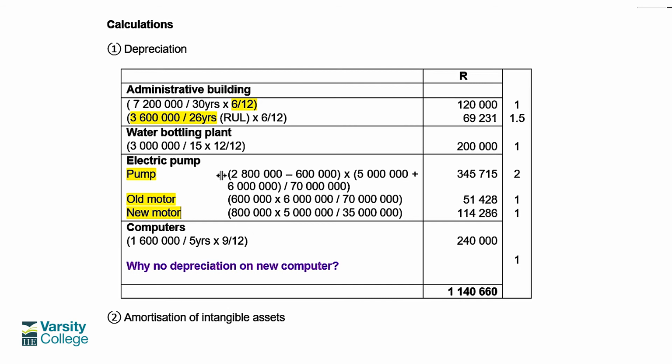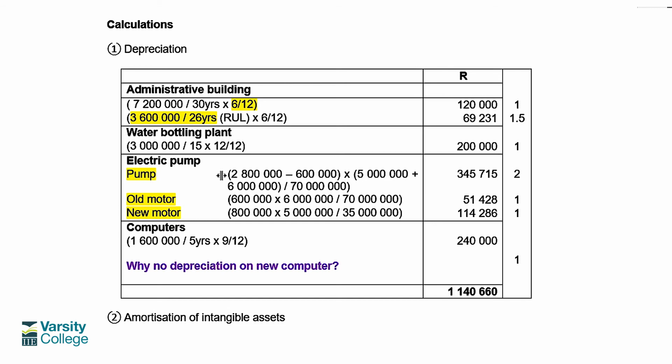I took the original cost, 2.8 million. I subtracted 600,000, which was the implied cost of the old motor. Remember, we didn't separate it. But what the IFRS says is, if you do replace a component, then you estimate a cost for the original component. And in fact, that estimate could be the cost of the new component. But in this question, we were able to get a value for the old component.